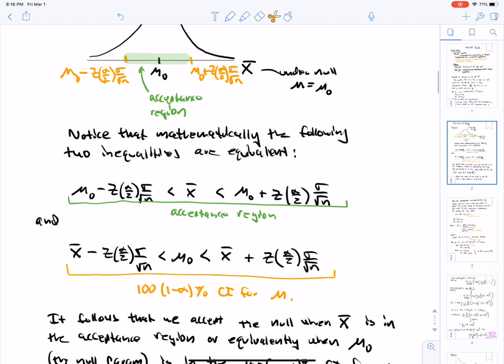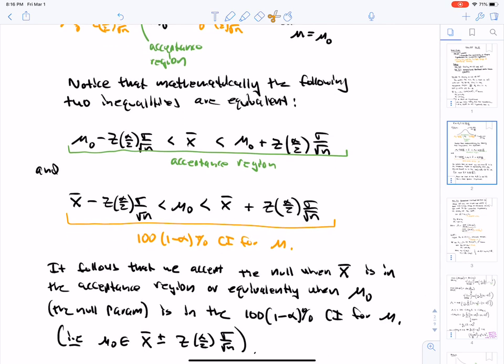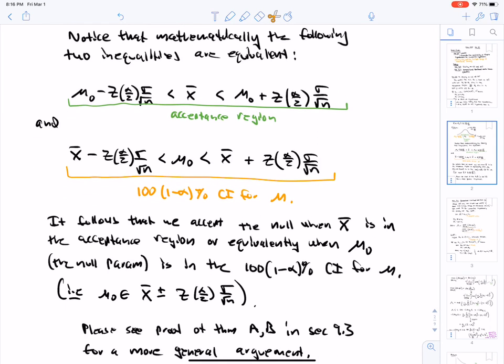So it should be quite easy for you to see that you can go from one inequality to the other and back. It follows that we can accept the null when x bar is in the acceptance region, or equivalently when mu 0 is in the 100 1 minus alpha % CI for mu.